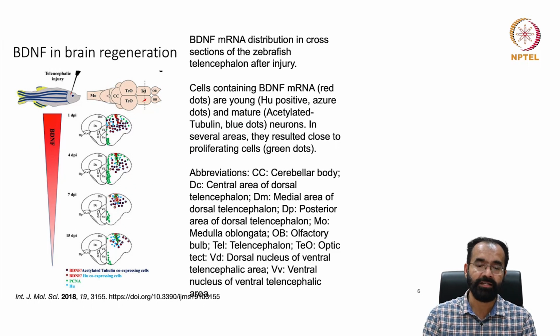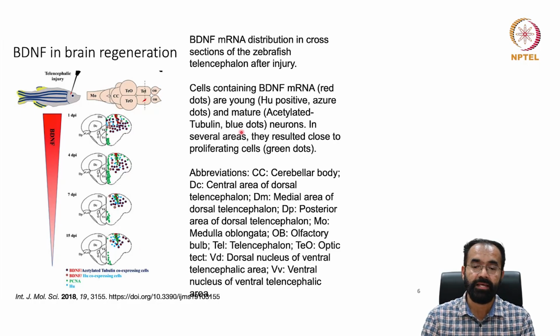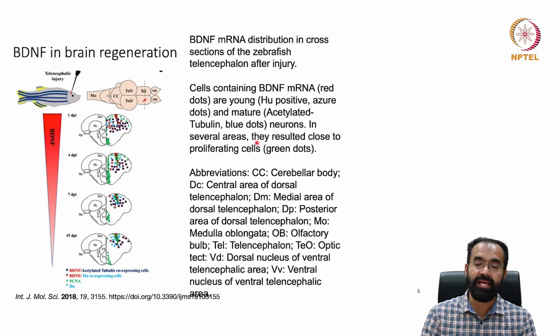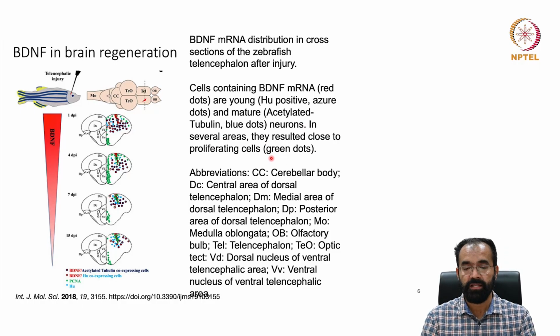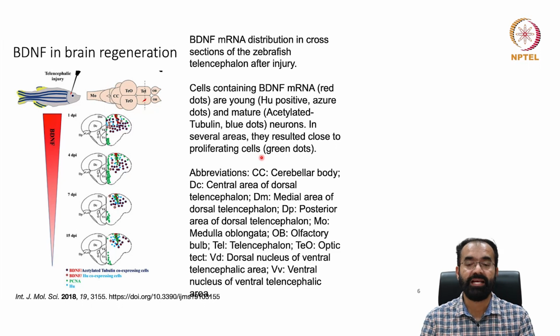So acetylated tubulin is an old or mature neuron, having blue dots, and the HuC positive ones are given a blue color, that is a freshly formed neuron. And in several areas they are close to the proliferating cells. So the message is the newly formed neurons are seen very much close to the BDNF positive cells.